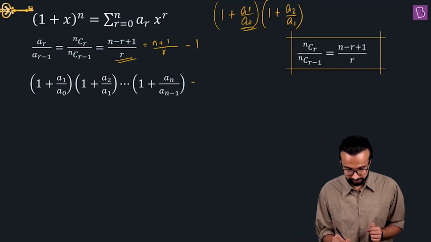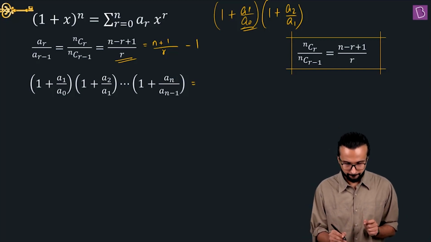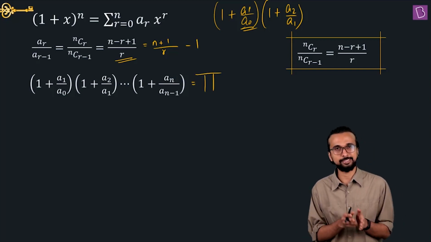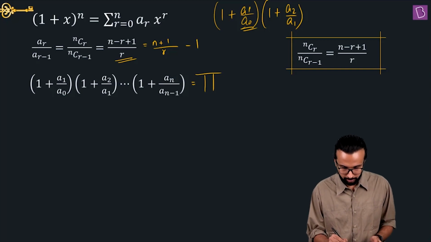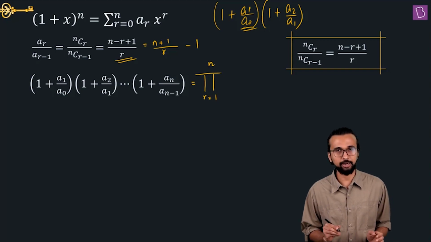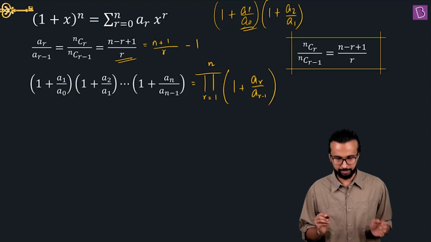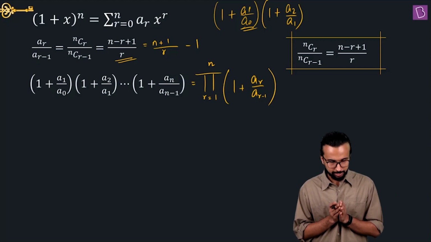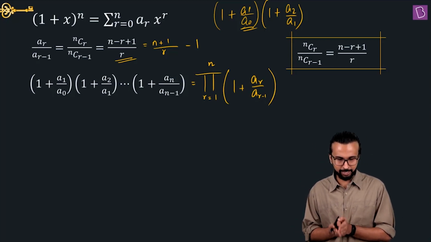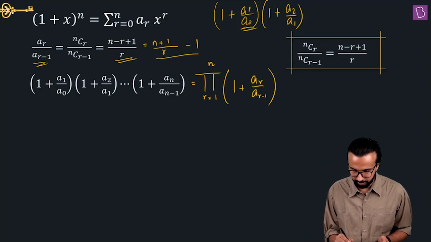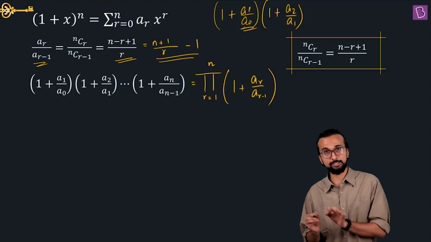So this becomes pi, basically multiplying, r equal to 1 to n, (1 + a_r/a_(r-1)). Now I found out that a_r by a_(r-1) is (n + 1) by r, minus 1.